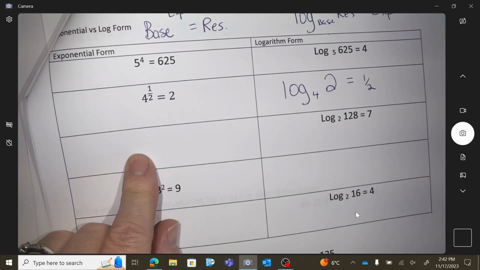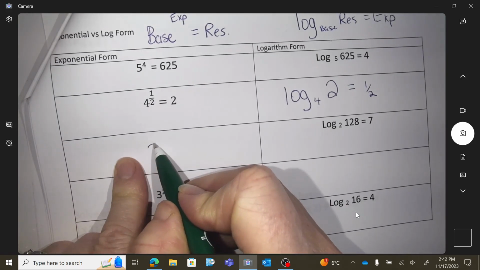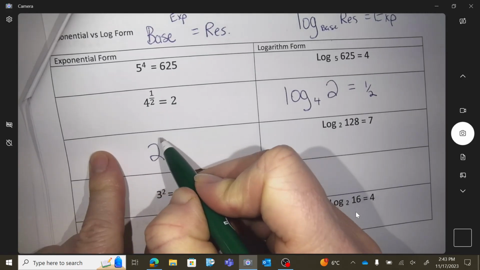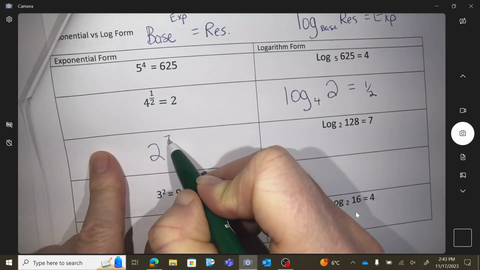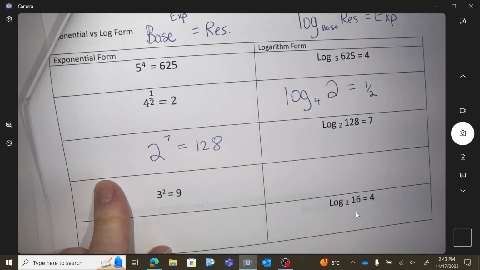Now I need to change this to an exponential. So the base is 2 to the exponent 7 equals result.